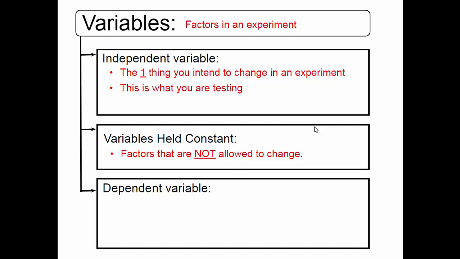The variables held constant are all those other factors, the things we try to keep the same. So in our mouse experiment, what are some examples of variables we would want to hold constant? Sophia? Yeah, the same type of animal, same type of mouse. What else? There's lots of things we could probably think of that we would want to keep the same in this experiment.